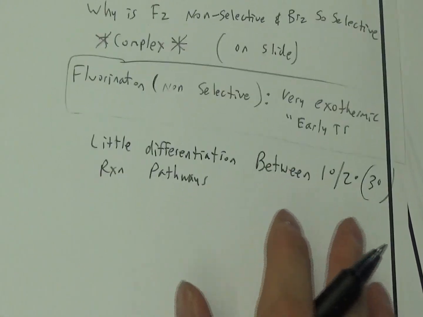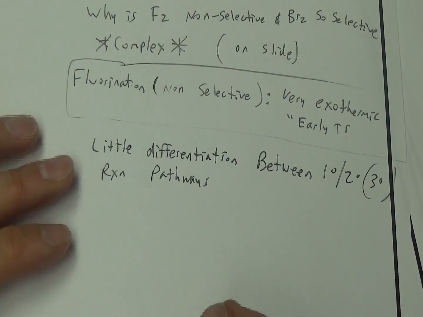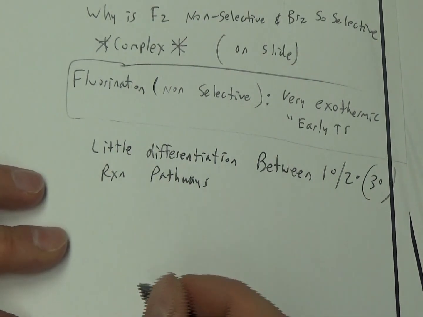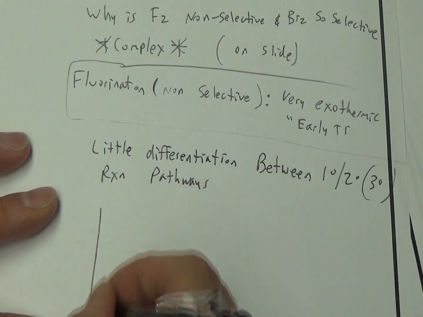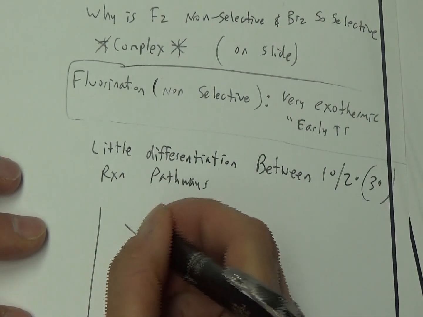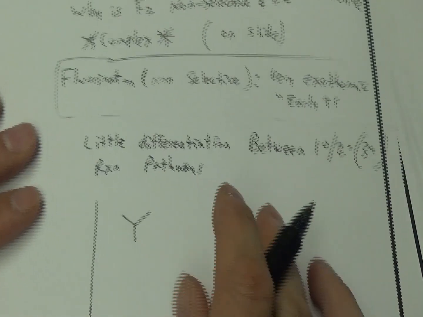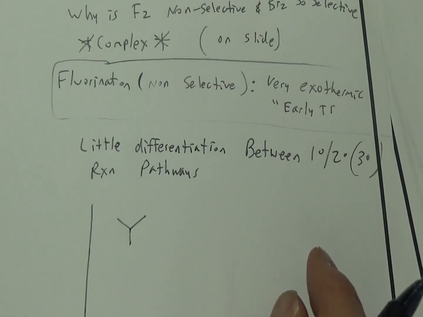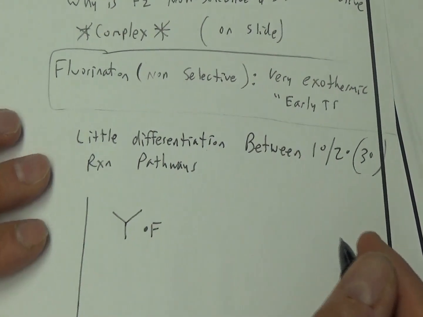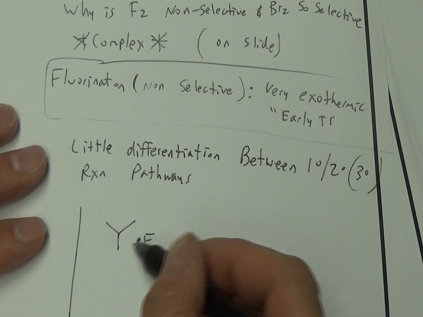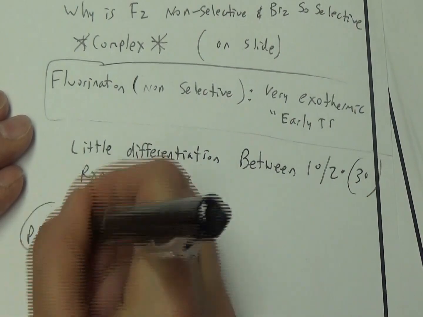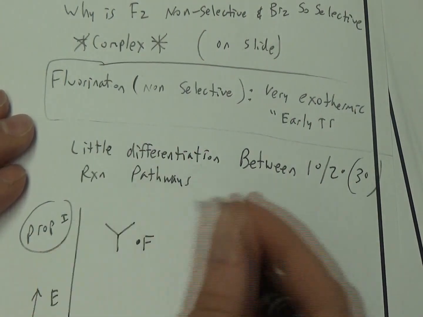And this is how we can see this, alright? So this is going to be an energy diagram. We're going to draw a little energy diagram. If we go from this substrate, and we imagine reacting with a fluorine atom, this is the propagation one, prop 1. And there's energy going upward.